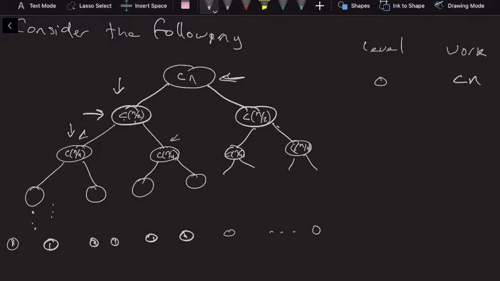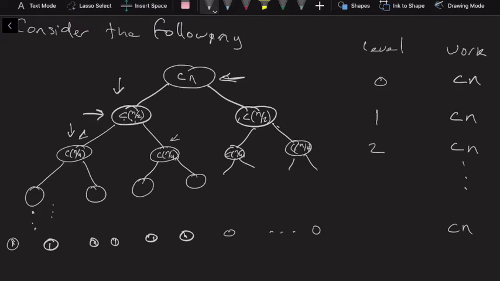Then at the first level, we have 2 of C n divided by 2. So the total amount of work is going to be Cn. And at the second level, we're going to have 4 of this Cn divided by 4. So the total work is C of n. And we're going to do that. And so at each level, we're going to be doing a total amount of work that is C of n, a constant times n.